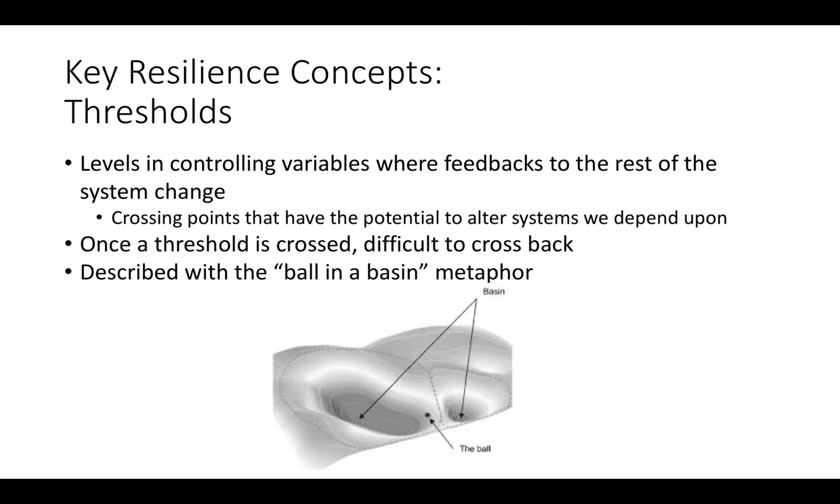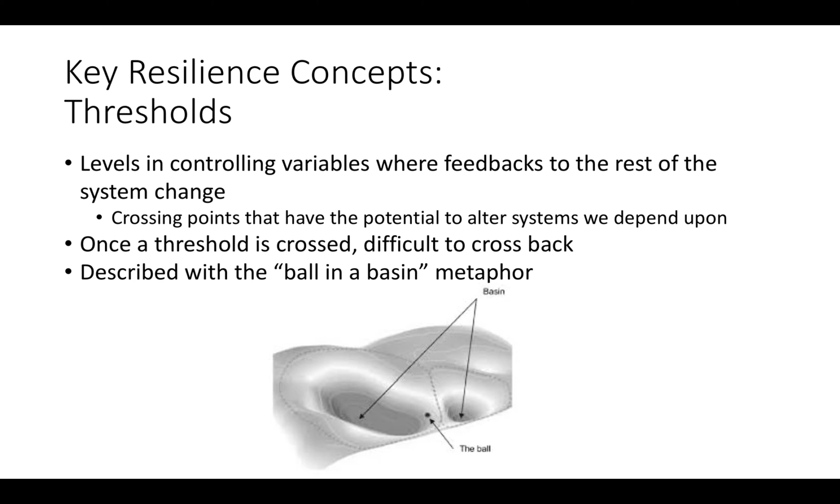When we're thinking about social ecological systems, those systems are for the ecosystem services they provide. Systems are something that we depend on. Once a threshold is crossed, it's often difficult to cross back. It's often impossible to cross back to the previous state.